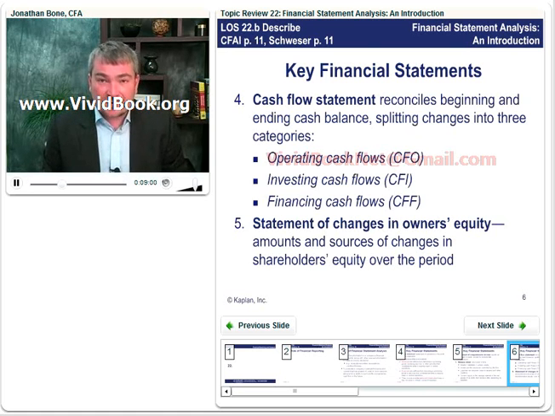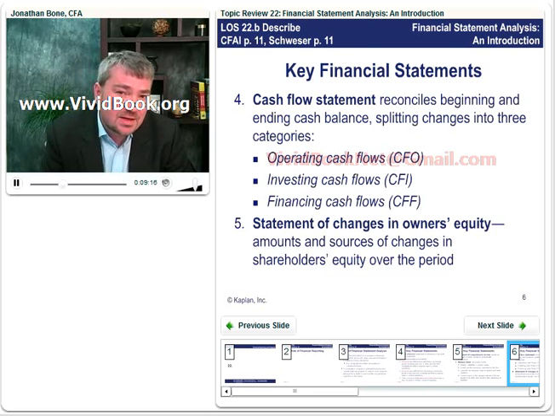Okay, so the cash flow statement is really just reconciling the change in cash and splitting it into those three cash classifications. We then have our statement of changes in owner's equity. Again, it's going to be another reconciliation. What it's going to do is take stockholders' equity in last year's balance sheet and reconcile it with stockholders' equity in this year's balance sheet.